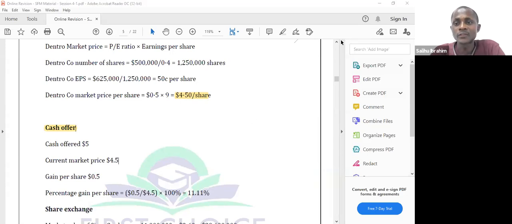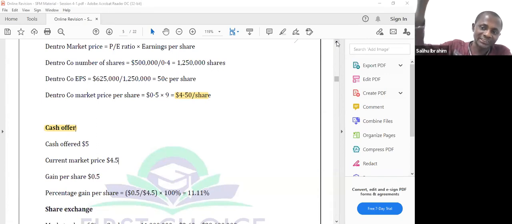So let us now come to Sigraco. For Sigraco, the first advantage that you will think of is the fact that the company will be able to avoid dilution of earnings. Dilution of earnings will occur where the number of shares will increase but earnings will remain the same.